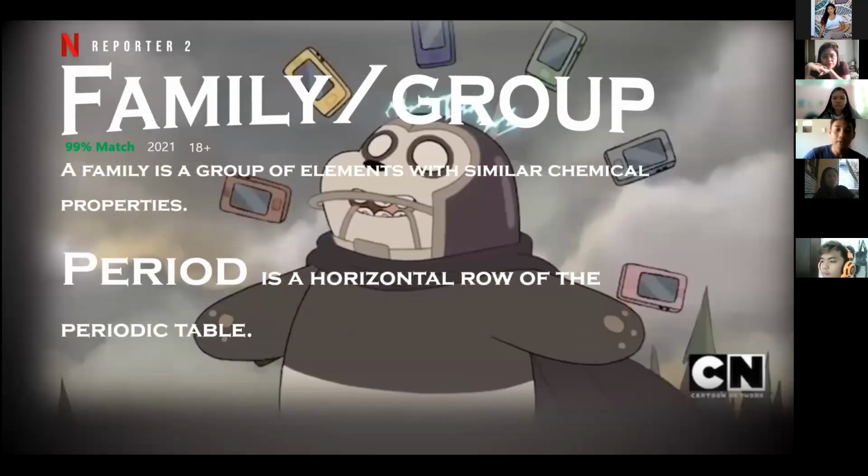Family or group. A family is a group of elements with similar chemical properties. For example, group 18 is also known as the noble gas family.